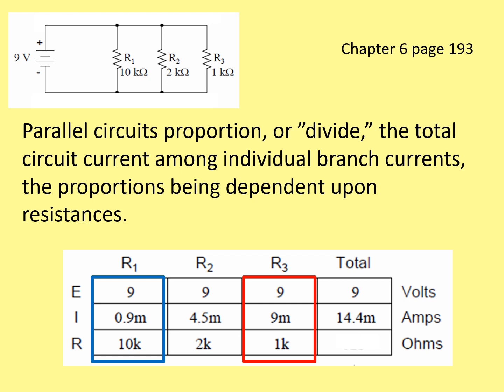So the greater the resistance, the lower the current. The lower the resistance, the greater the current. You'll see that the two are kind of inversely proportional. So 10 times the resistance will equal a tenth of the current, and this one is a tenth of that resistance, so it'll have 10 times the current.